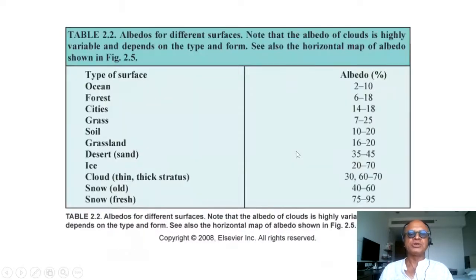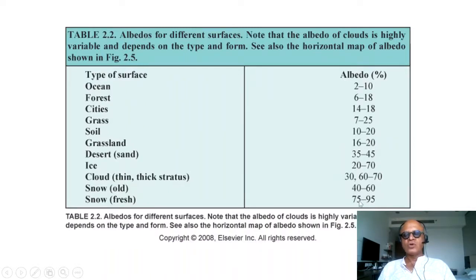The other thing that matters for Earth's energy balance, of course, is albedo, the reflectivity. So how much of the incoming solar energy is directly lost back to space. It depends on the surfaces, so ocean, forest, cities, grass, soil, clouds, snow, and old snow and fresh snow, and so on. Obviously, bright white surfaces like snow and ice have high albedos.